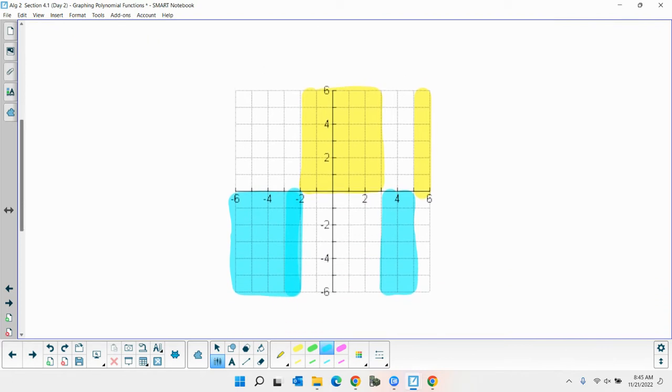All right? Increasing was green, right? So it's going up less than 0 and greater than 4.